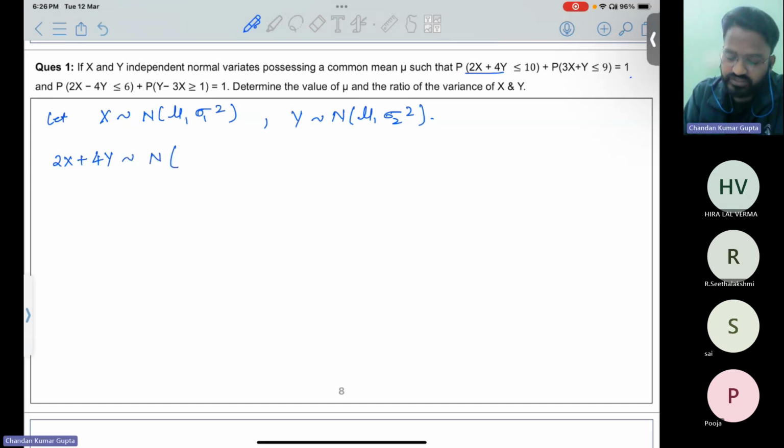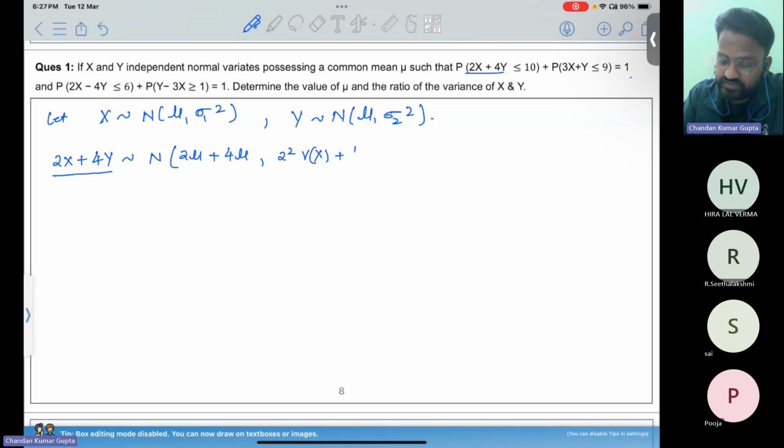What is its mean? 2 times the mean of X, 2 times mu, plus 4 times the mean of Y, 4 times mu. This is the mean for this random variable. And what is its variance? It is 2 square times the variance of X plus 4 square times the variance of Y.